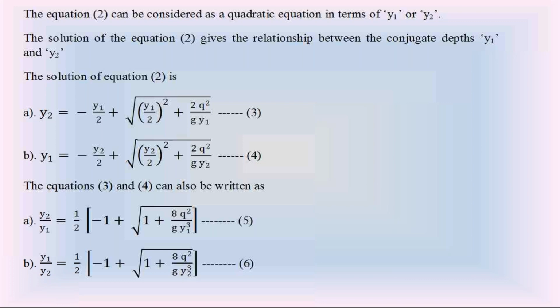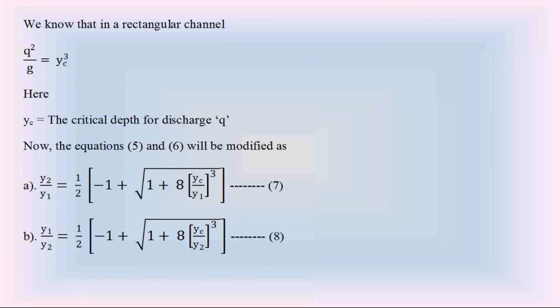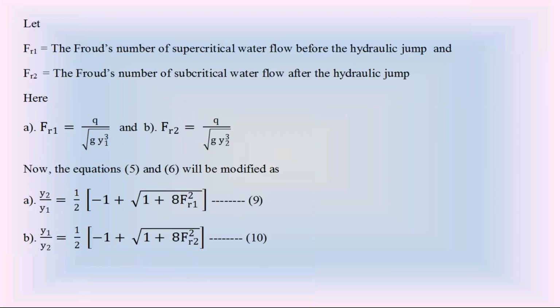So in terms of the Froude numbers, equations 5 and 6 change like this. Equation 5 becomes y2 by y1 is equal to 1 by 2 into minus 1 plus root of 1 plus 8 into Fr1 square. Fr1 is the Froude number at section 1.